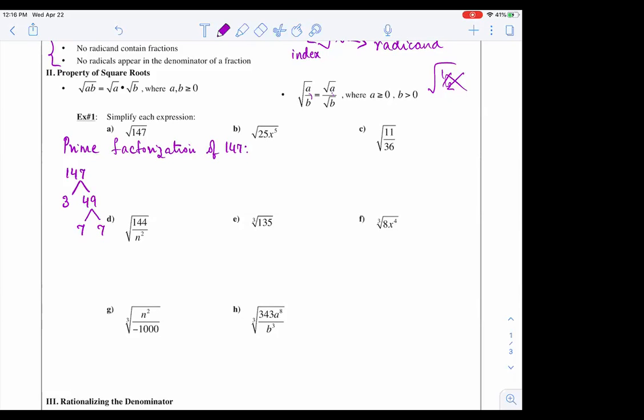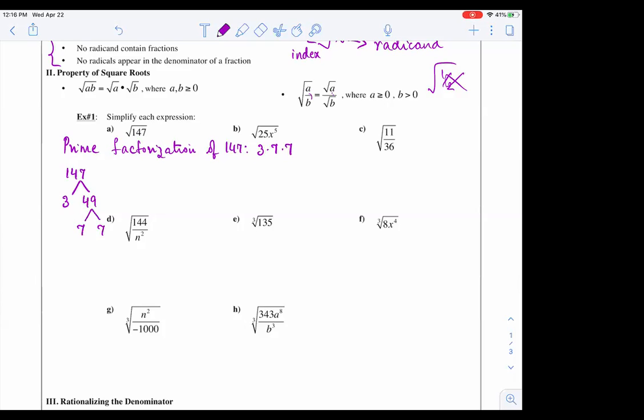I wrote it on the board. You guys missed class? Kind of, okay. So the prime factorization of 147 is actually 3 times 7 times 7.